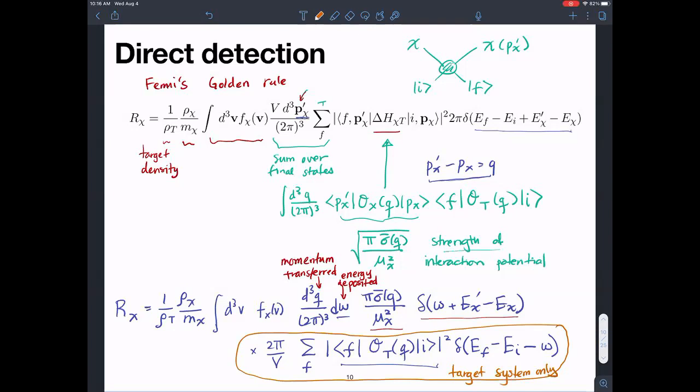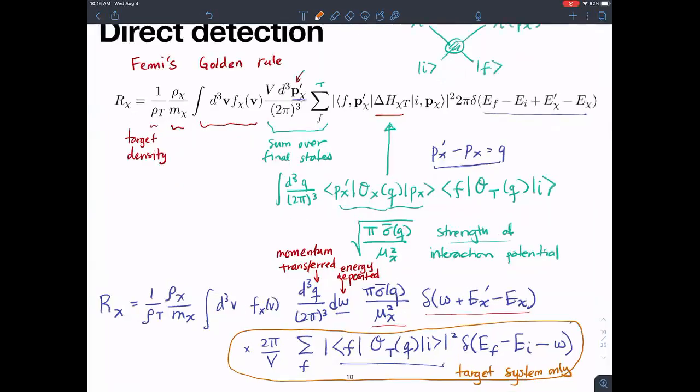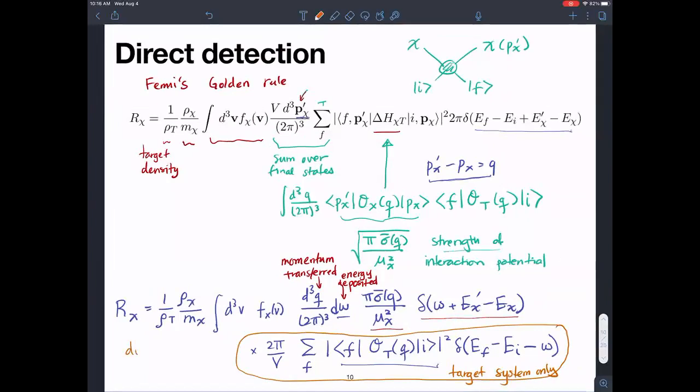And this is a quantity that we'll call the dynamic structure factor, often abbreviated S of q omega.